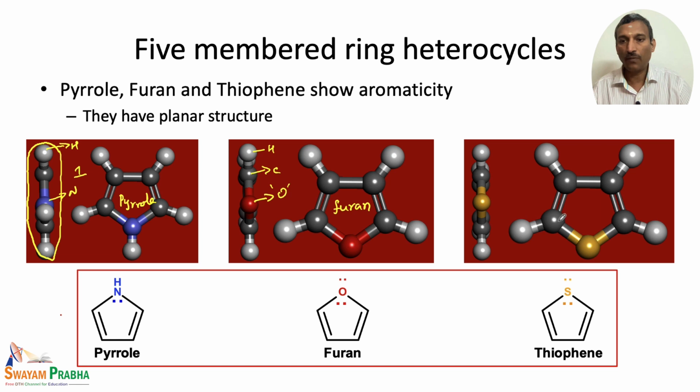Similarly, the yellow atom is the sulfur atom, and this is thiophene. Thiophene also has a planar structure. So, all the 3 five-membered heterocycles, pyrrole, furan and thiophene, have a planar structure.